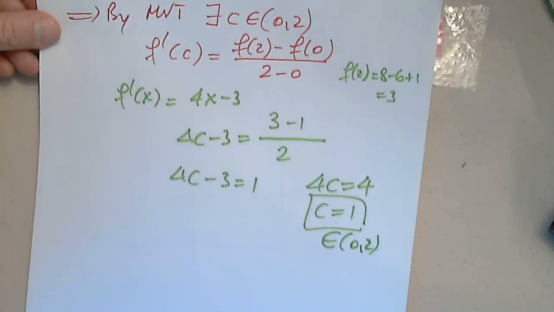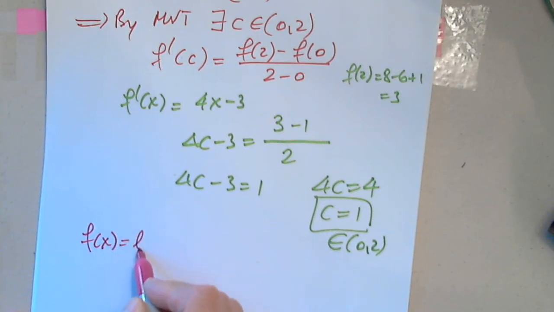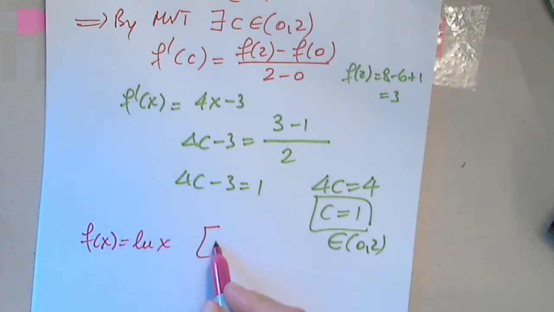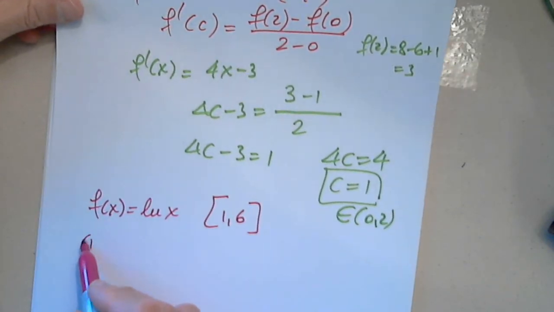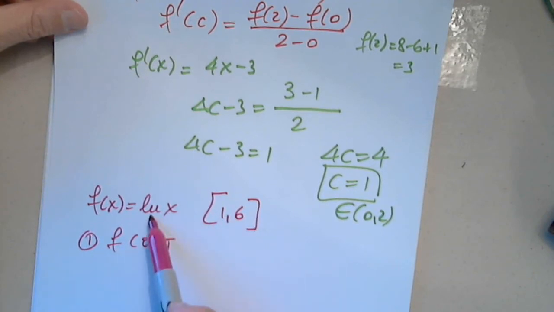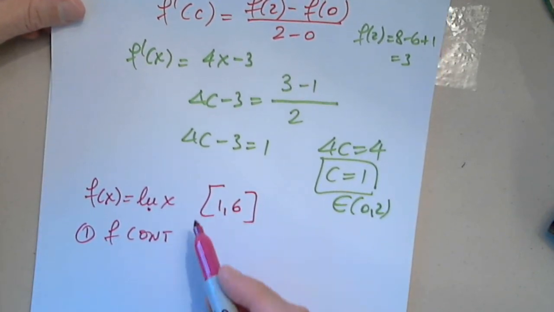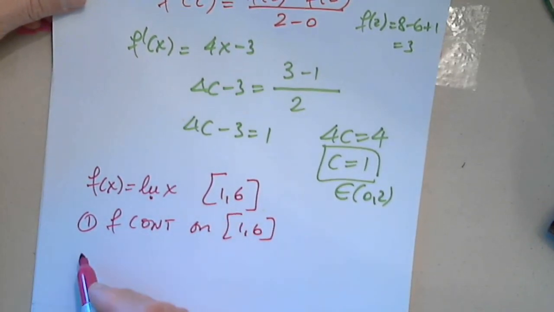Now the other one, we are given f of x equals natural log x, and the interval is 1, 6. All the same. So number 1, f continuous. So continuous function anywhere on 0 to infinity. On 1, 6 in this case, because that's all we need.